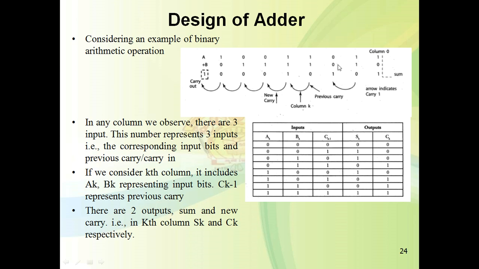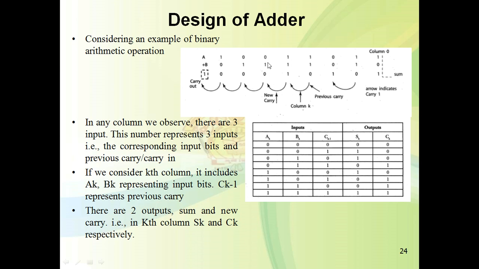Both operands are 0 and 0, and the previous carry is 1, so the sum is 1 and the carry is 0. Now if both operands are 1 and 1, the sum is 0 and the carry is 1. Now both operands are 1 and 1 and the previous carry is also 1, so the sum is 1 and the carry is 1.